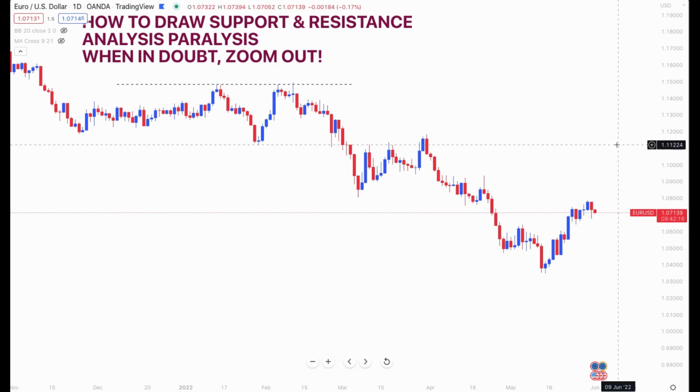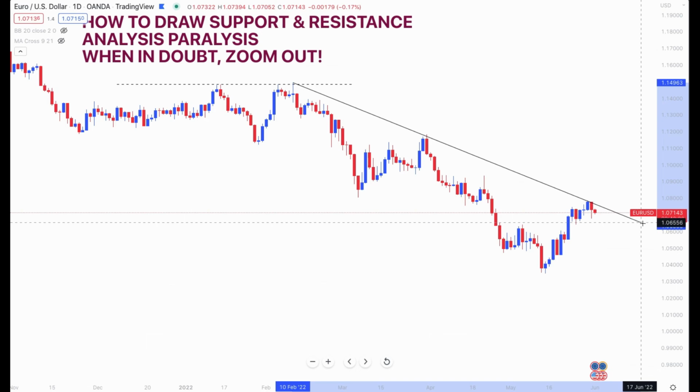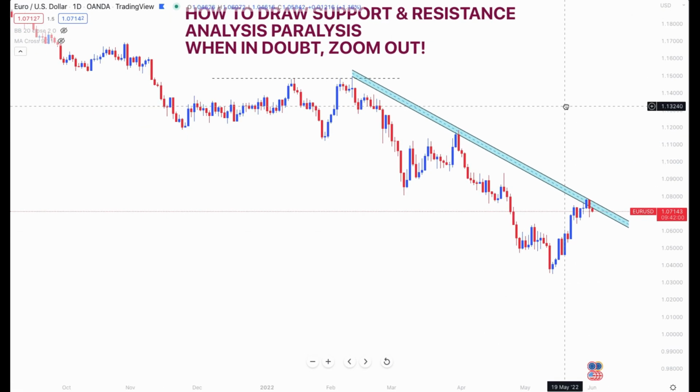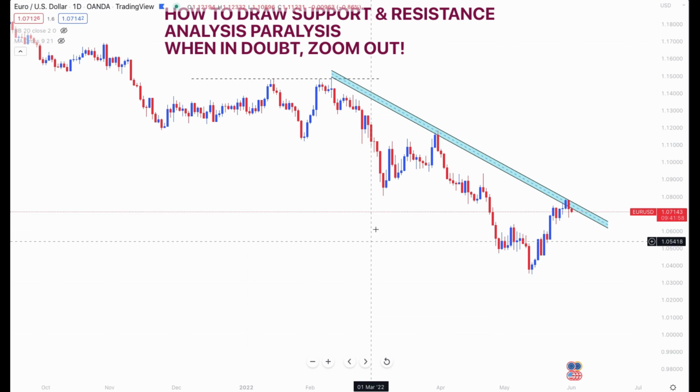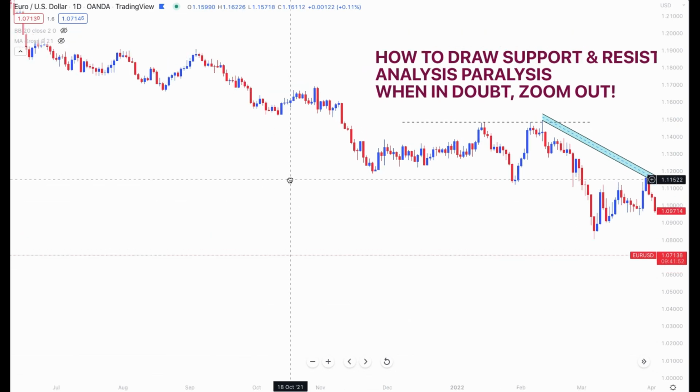Price can respect a level on the 1 minute as well, but it's not going to be as respected as a level that is retested on the daily time frame. Which is why I'm saying that when in doubt, and you've heard it before, zoom out. This way we can make sure that we are highlighting levels that are the most important on a chart.